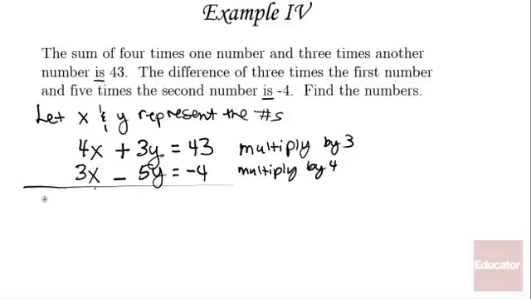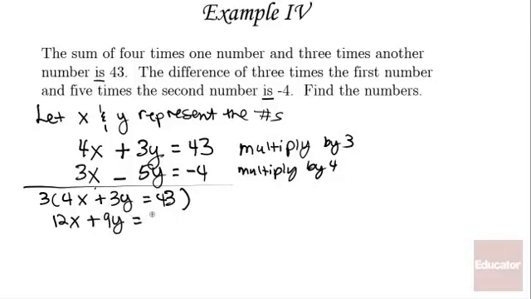I'm going to multiply 3 times 4x plus 3y equals 43. And when I figure that out, I get 12x plus 9y equals 129. So this is my first equation.